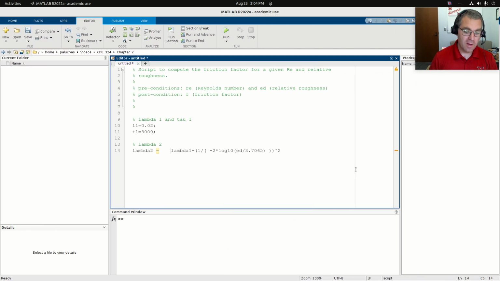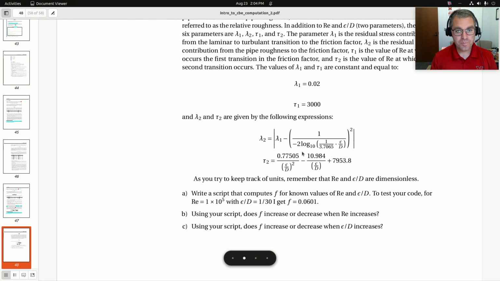MATLAB has a built-in function abs, so I can just type abs. The absolute value is the square root of the argument squared, and if you really wanted to, you could do that. Instead of abs, I would take that term in parentheses, square it, and then take the square root of that. But we can do absolute value, and that works. So there's lambda 2, and next is tau 2.